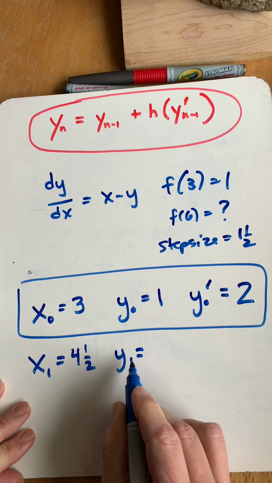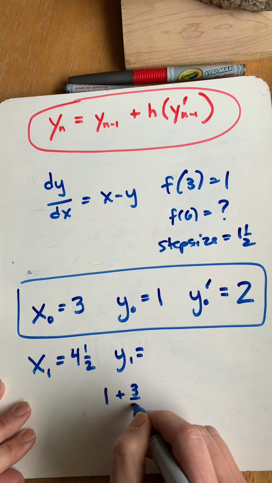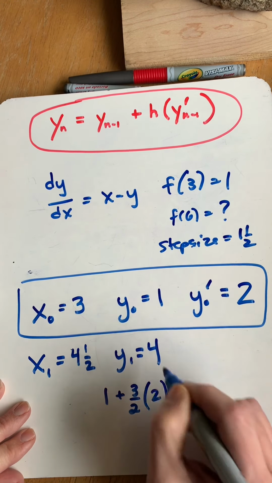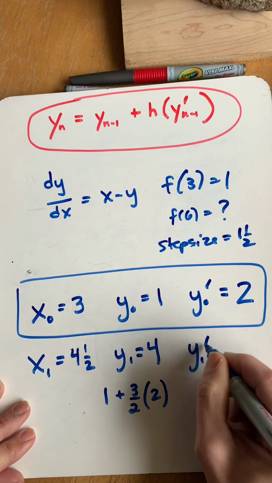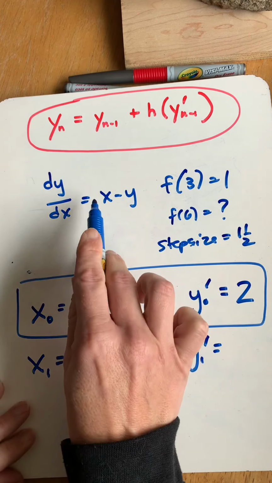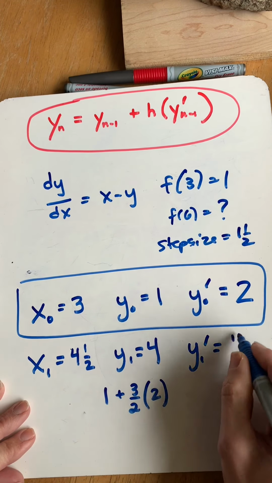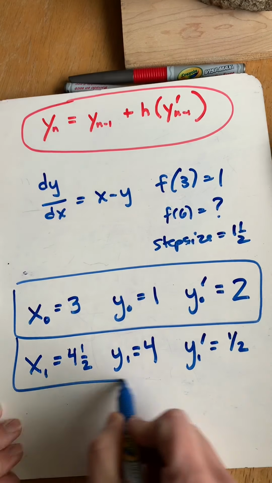To find the next y, we use the y that came before plus the step size times the y prime that came before. So I'm going to get 4. The y prime, always going back up to the formula they give us, x minus y: 4.5 minus 4 is 1/2. Okay, there's the first step.